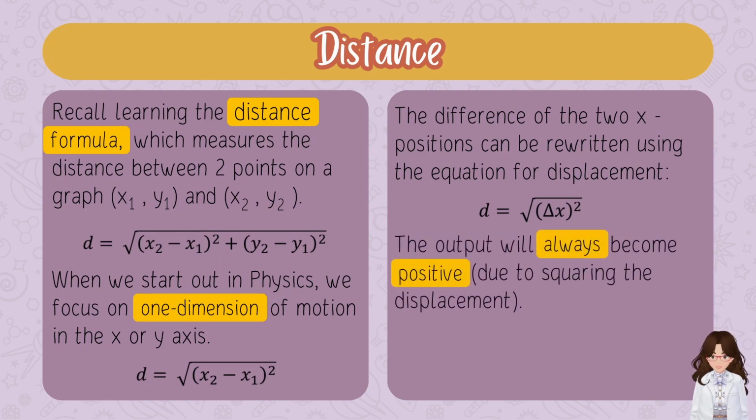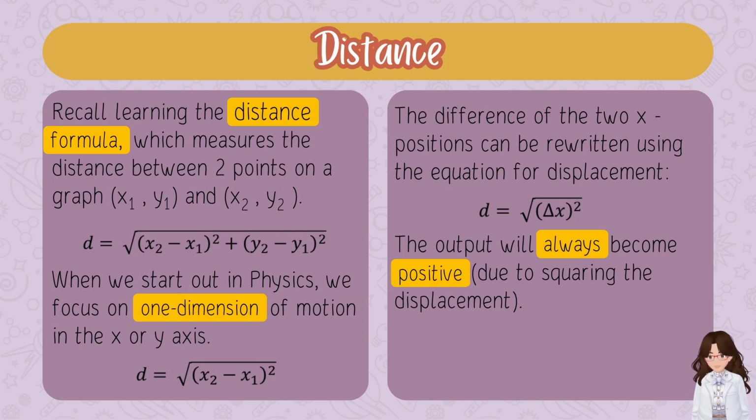Now here's the thing. The output is always going to be positive because whenever you square a term, even if our displacement was negative, a negative times a negative will give us a positive result. And because you are square rooting it, the only real solutions are going to be positive anyways.